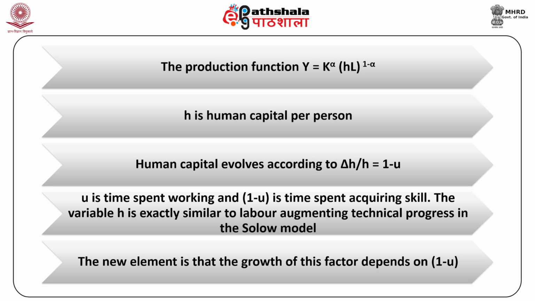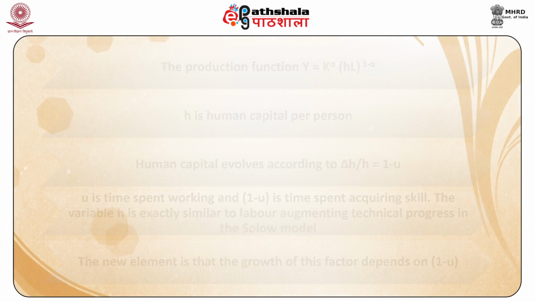The variable H is exactly similar to labor augmenting technical progress in the Solow model. The new element is that the growth of this factor depends upon 1 − μ. Any policy that leads to a permanent increase in time people spend to obtain skills generates a permanent increase in the growth of output per worker.